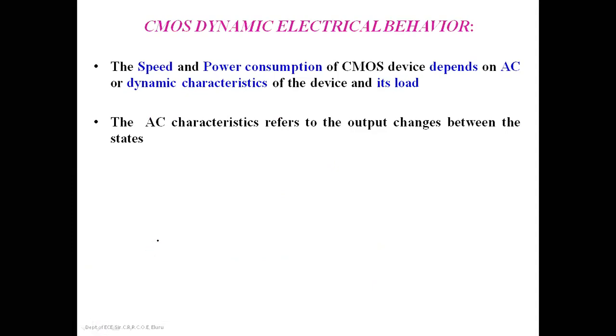The speed and power consumption of a CMOS device depend on its dynamic characteristics and also its load, the type of load which is connected to the CMOS output. Based on these two, the speed and the power consumption of the CMOS device depend.